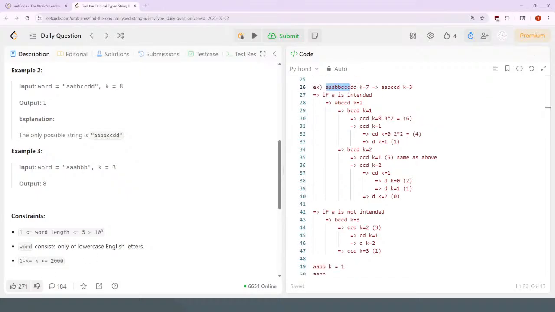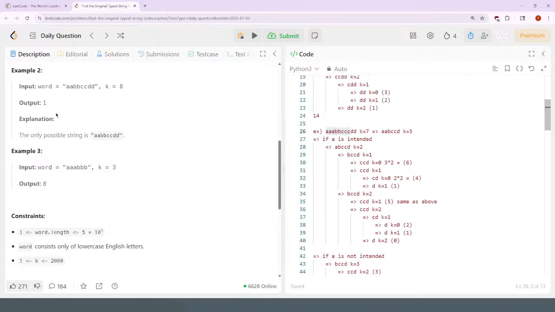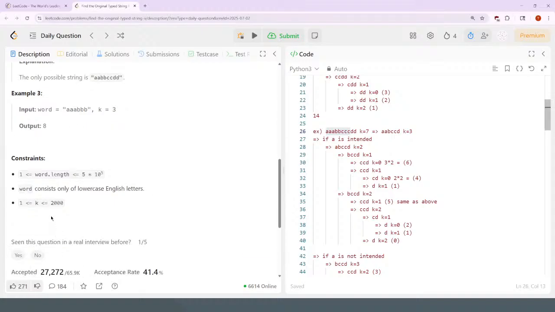In theory, k is the maximum number of uniques in your word, because each streak of letters in your word, like the A streak and the B streak, or the A, B, C, and D streak here. Each streak of letters, the first of that letter must be a part of k.